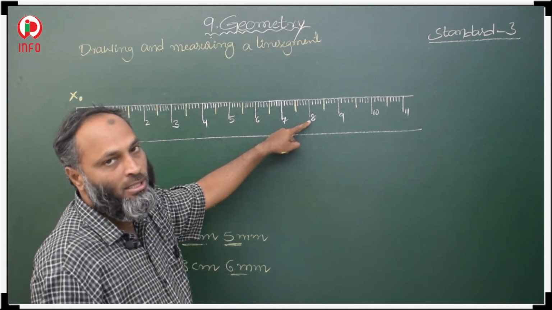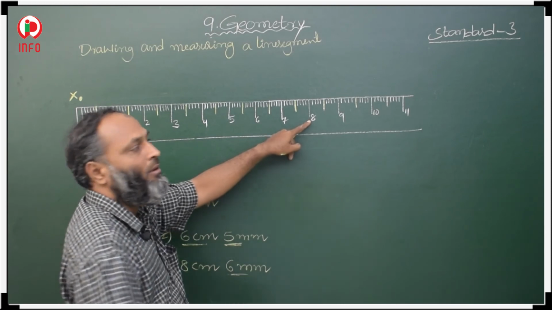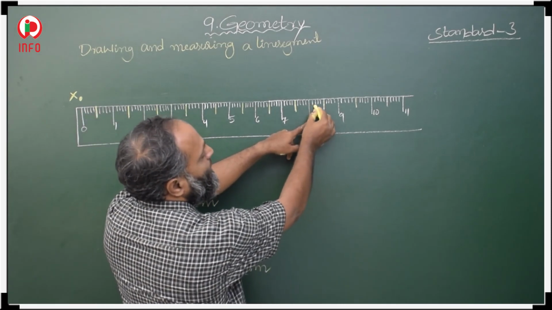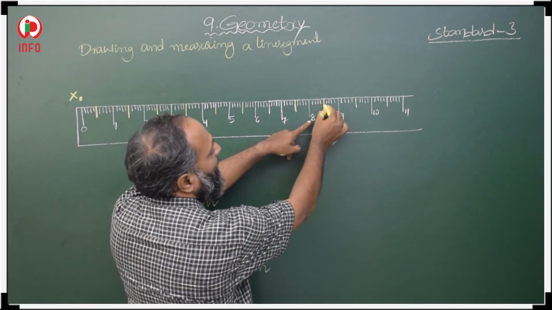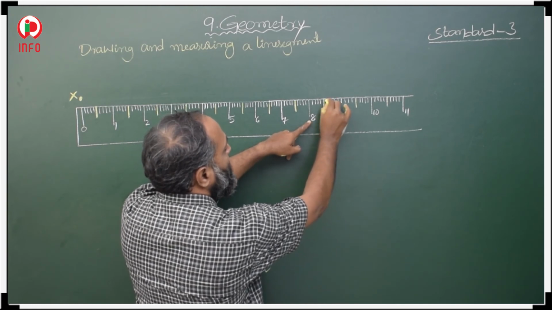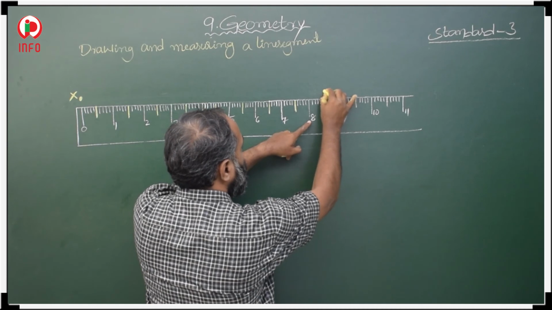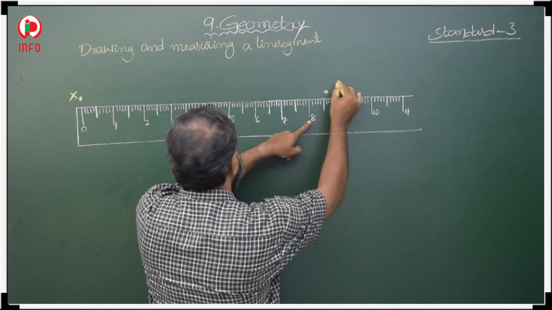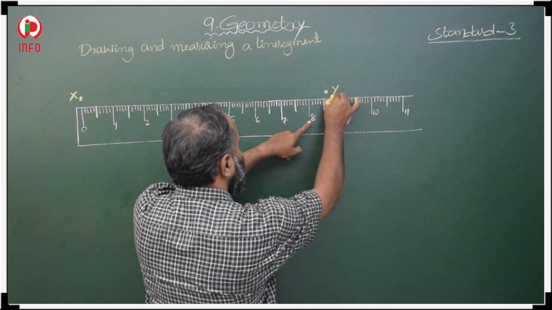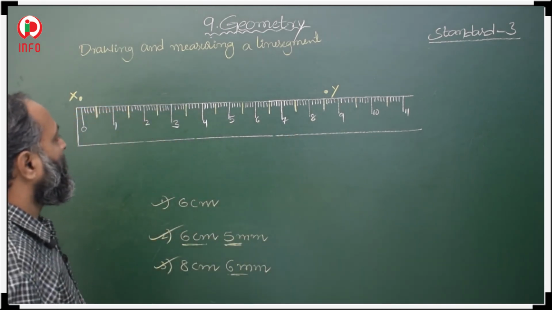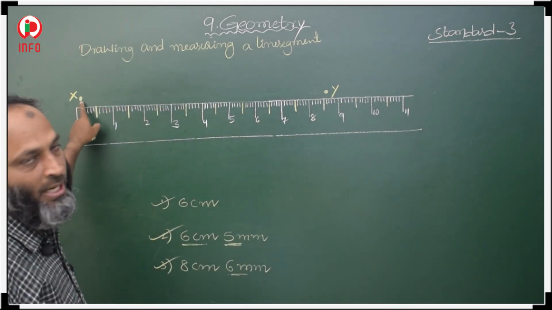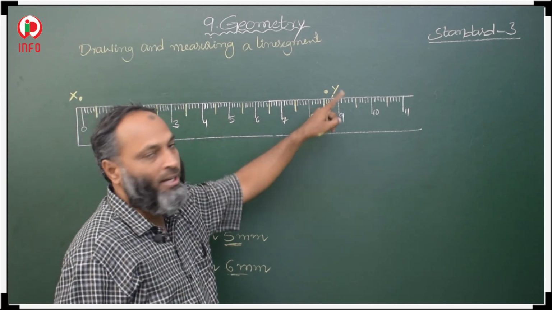After 8, 6 small lines we have to count: 1, 2, 3, 4, 5 and 6. After the bigger line, the very next line is 6. So there we mark a point, the second end point, and this is Y. X and Y. This is the first point, the initial point, and this is the final point.